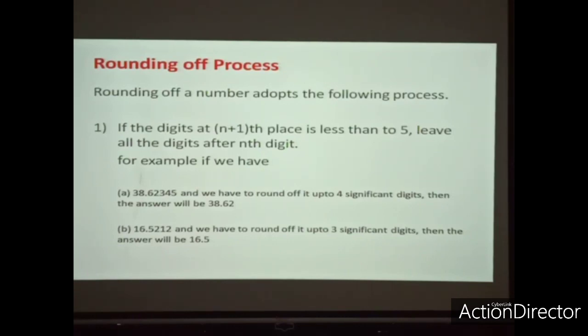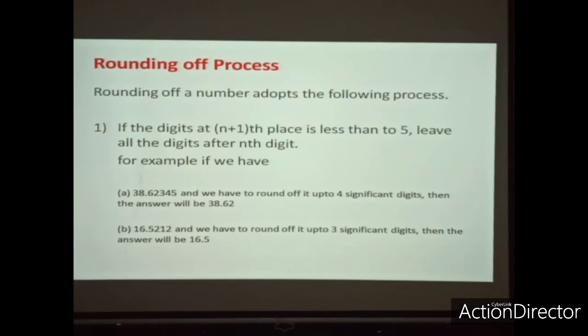Means 38.62. These are 4 digits which have to be taken, and 3, 4, 5 have to be chopped off. So in this particular problem, as per definition, the first rule is we have to observe the n+1 place, यानी हम यहाँ पर वैल्यू को ऑब्जर्व करेंगे n+1 पे, यानी 3 से वैल्यू को हम ऑब्जर्व करना शुरू करेंगे.